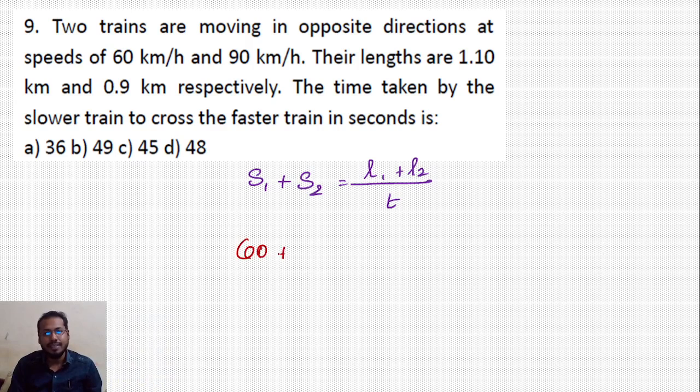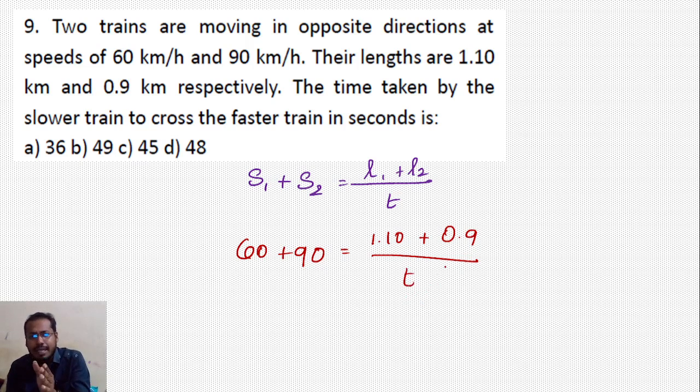S1 is 60 plus 90 is equal to, what is the L1? Length is 1.10 plus 0.9 over the time taken. That's what we need to find.